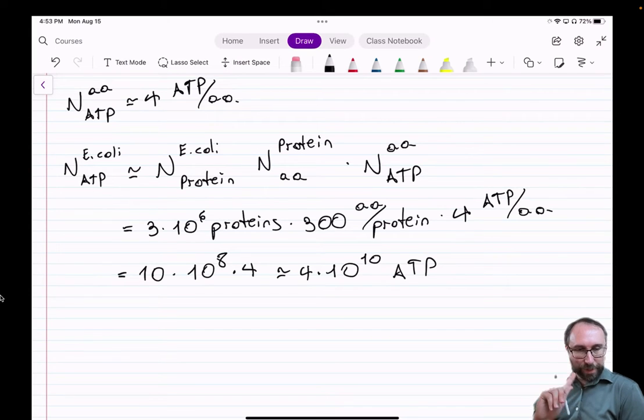But this is, once again, like as we saw in previous vignettes, the total amount necessary to make an E. coli, and over what period of time do you need to spend this energy? Well, so we need to figure that out.